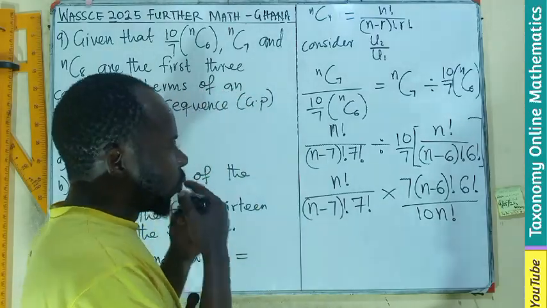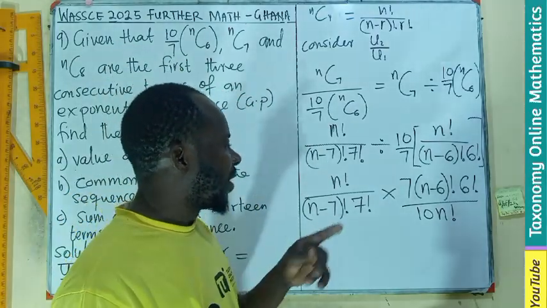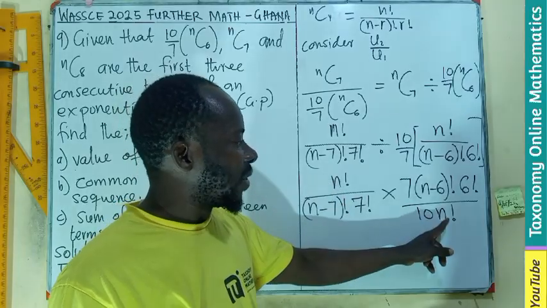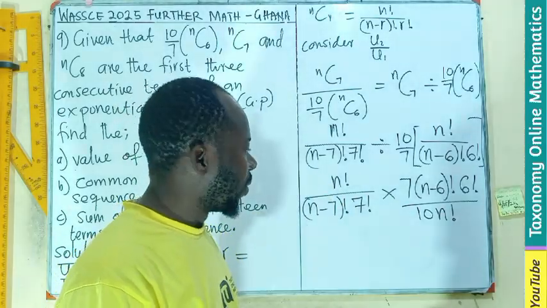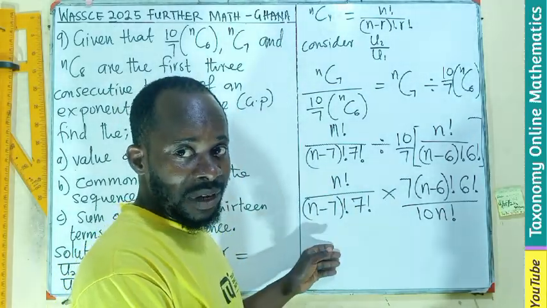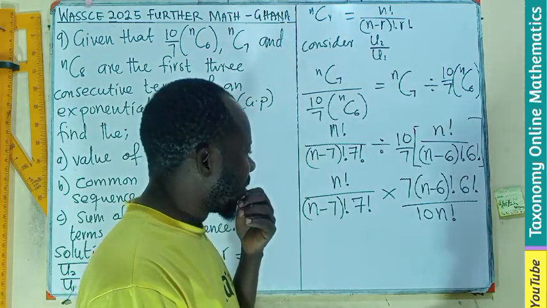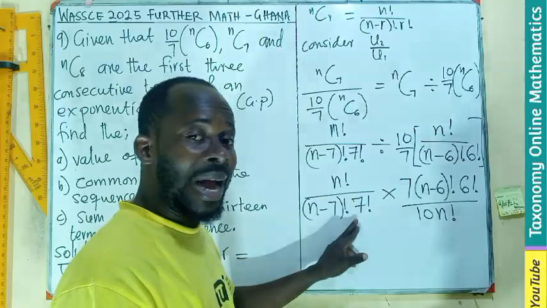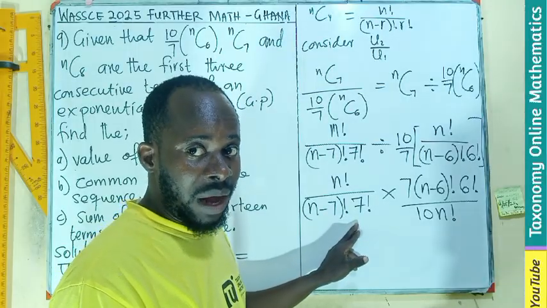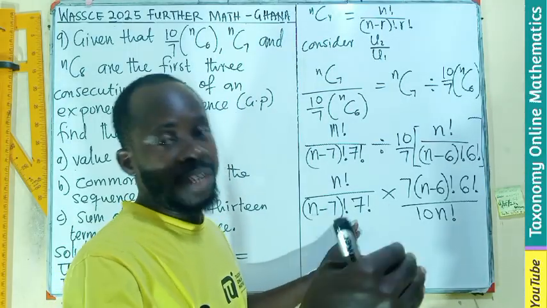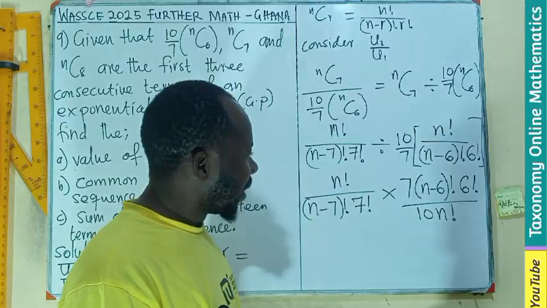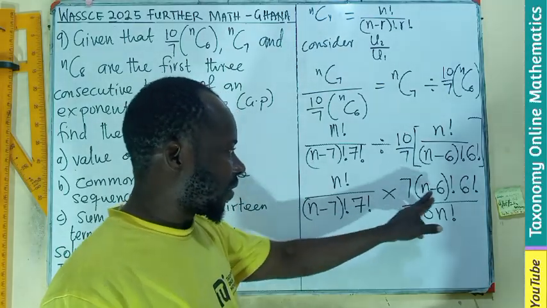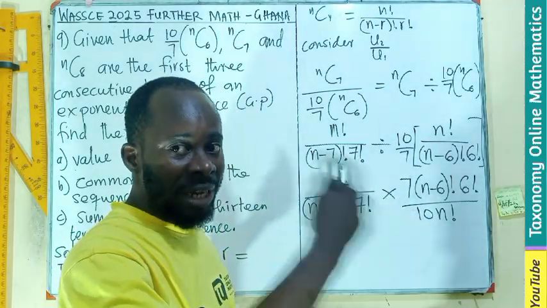Now, what do we do? We are multiplying. We can see right away the n factorials will cancel. We need similar things from the left to cancel that of the right. I can see that 6 factorial can be cancelled by 7 factorial, because 7 factorial is 7 times 6 factorial. Alright, now I need to expand one of these in order to have the other one within.